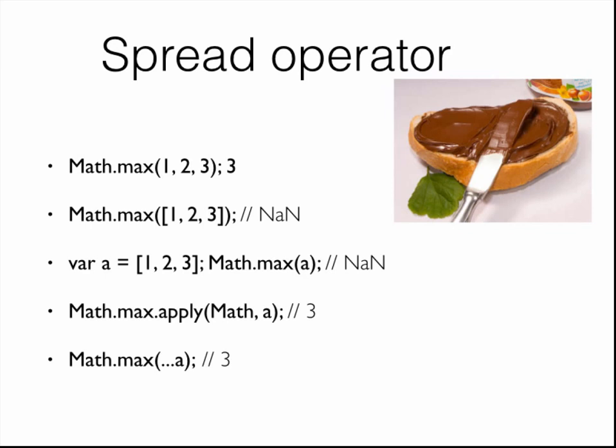What apply does is, here I'm giving you arguments in the form of an array. Okay? So this essentially amounts to this Math.max.apply. Again, I have to say Math here, and then I say a. This essentially amounts to this. Okay? This destructures into this.